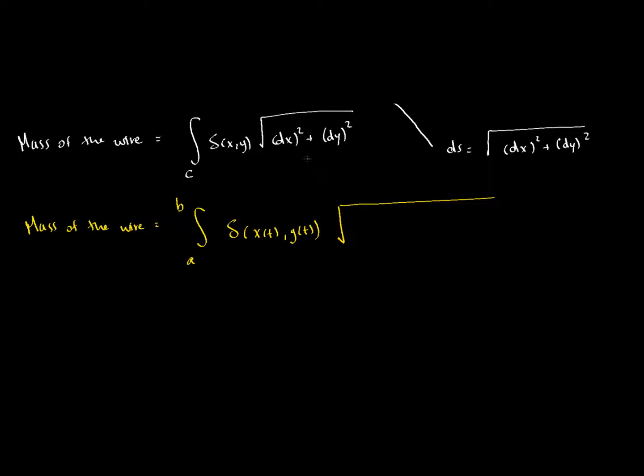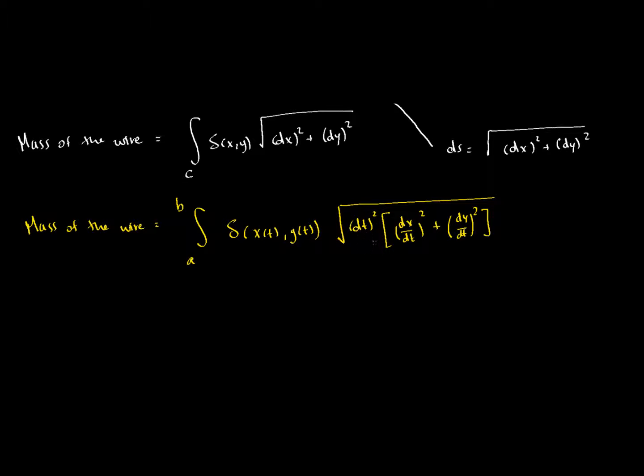But I'm going to take dt squared as a common factor, so it's going to be dx divided by dt all squared plus dy divided by dt squared.